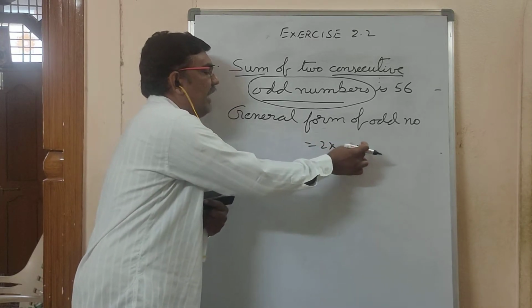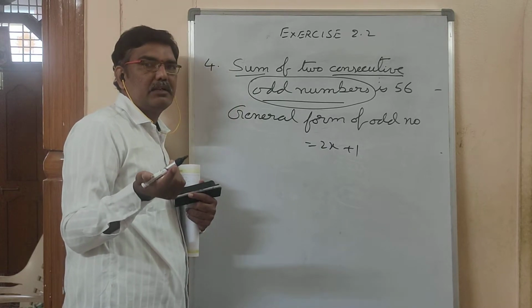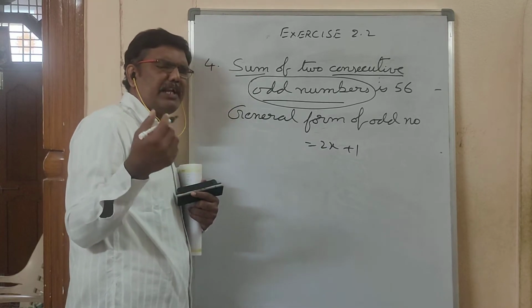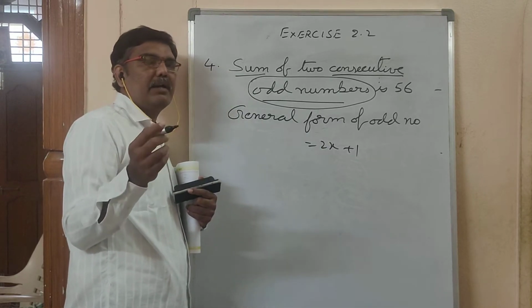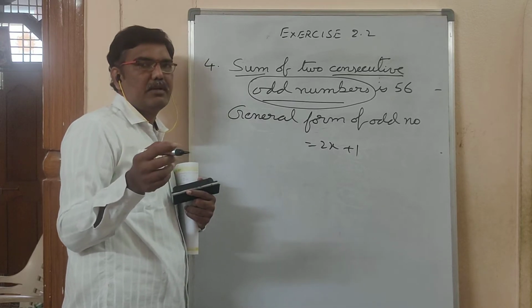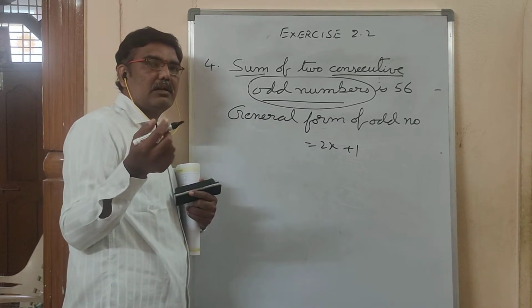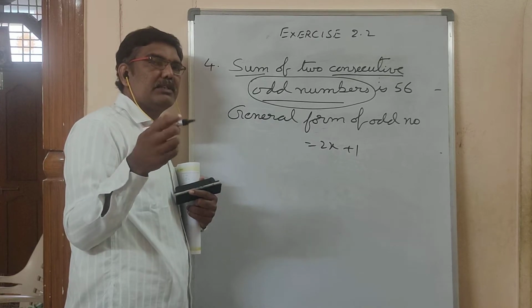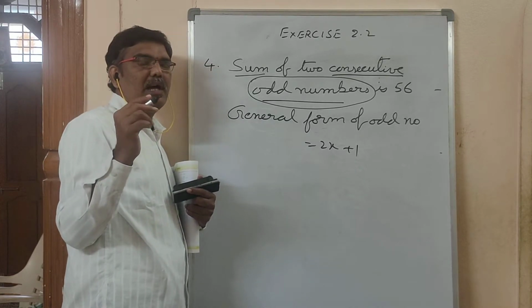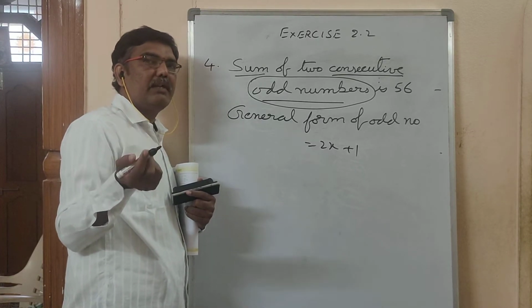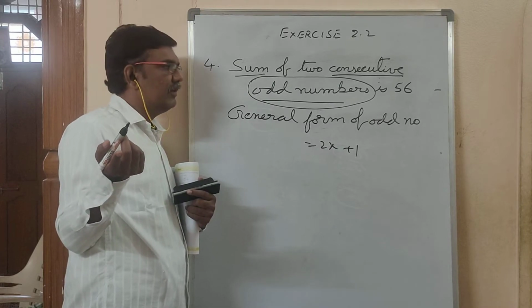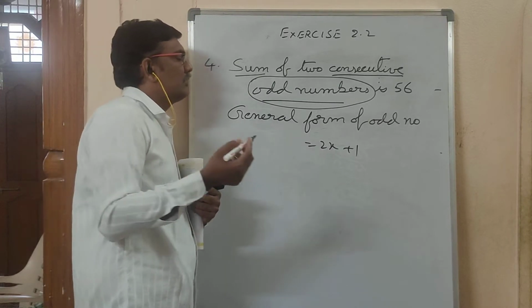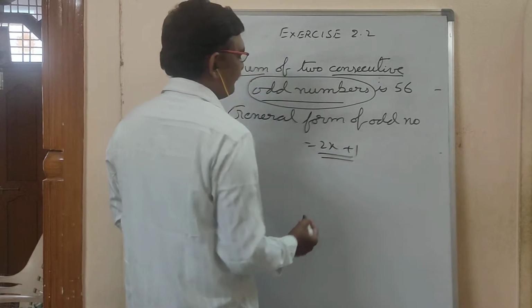For 2, if I add 1, what are you getting? 3. Take any even number, add 1. Which number will you get? Odd number. Okay. 10 is there. 10 is which number? Because it ends with 0, it is an even number. Add 1 to that: 11. 11 is again an odd number. So 2x plus 1 is one odd number.